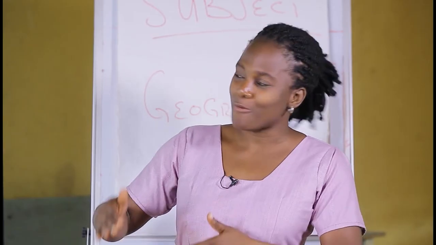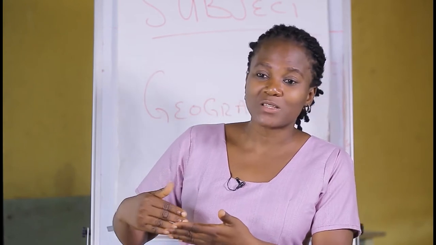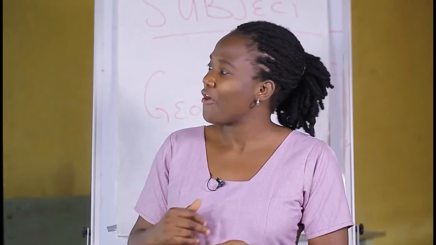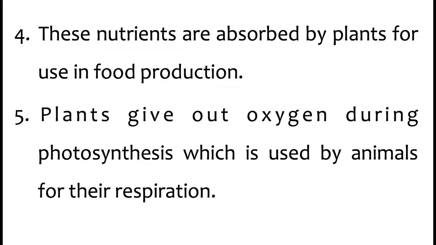Already you can see it from plants to animals, from animals to the soil. That is from producers to consumers to decomposers. Four, these nutrients are absorbed by plants for use in food production. Number five, plants give out oxygen during photosynthesis, which is used by animals for their respiration.